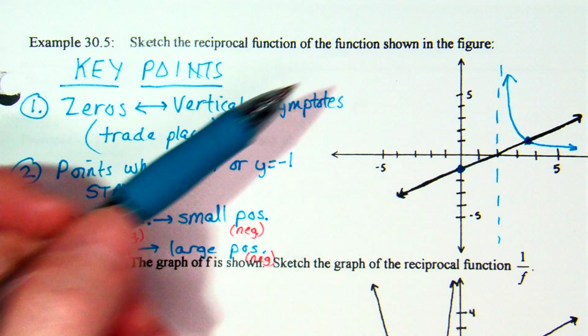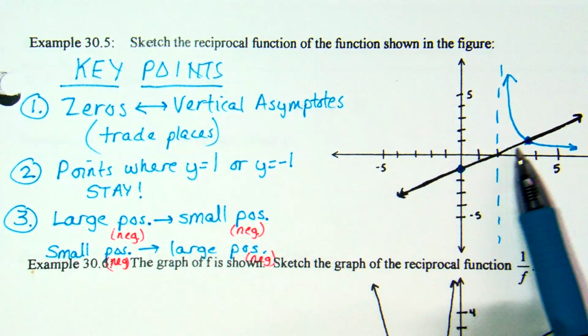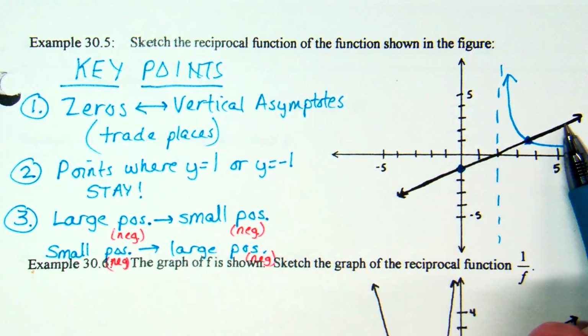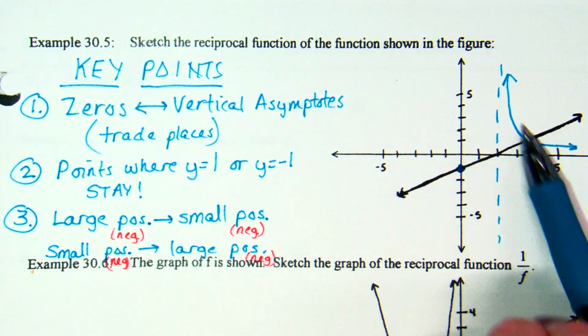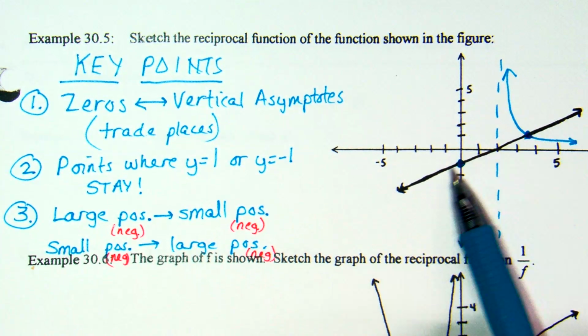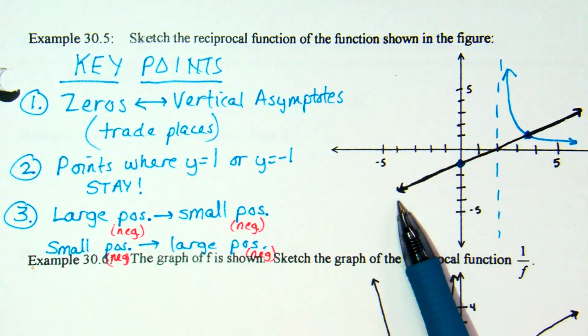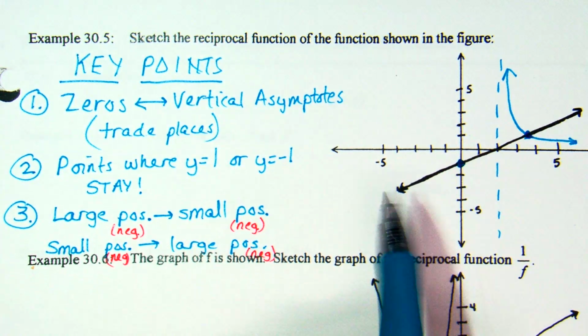So can you visualize down here? Now, also notice, my graph was all positive over here, yes? It was always above the x-axis. So where was my reciprocal graph? Always above the x-axis. Now this graph is below the x-axis. So where's my reciprocal graph going to be? Below the x-axis. Right here, between the point and the asymptote.